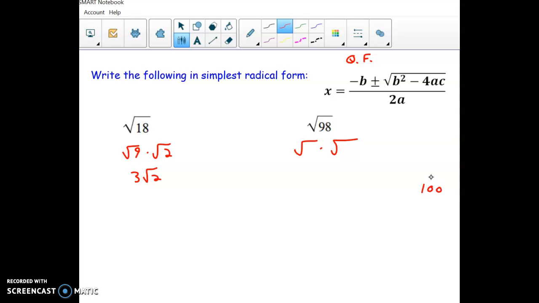We had 100, 81, 64, 49. 100 is too big. 81 doesn't evenly divide 98. 64 doesn't work, but 49 is the first one that does. So I work backwards until I find one that evenly divides it. 98 is evenly divisible by 49, giving us 49 times root 2. The square root of 49 becomes 7, so we have 7 times radical 2.